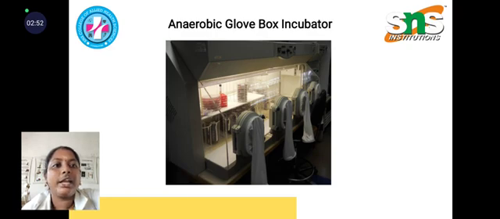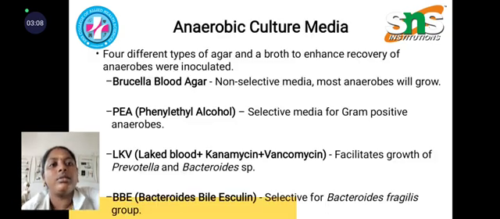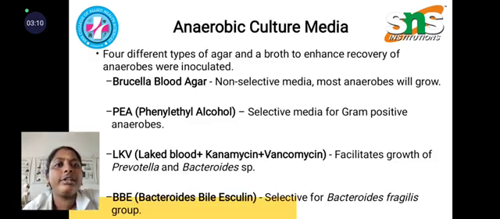This is the anaerobic glove box incubator, which contains the gas nitrogen along with carbon dioxide and hydrogen. Only a very small amount of oxygen is present, even though it is an anaerobic condition. Four different types of agar were used.